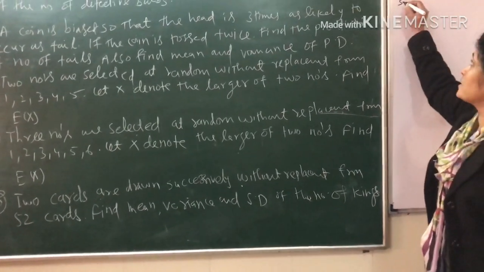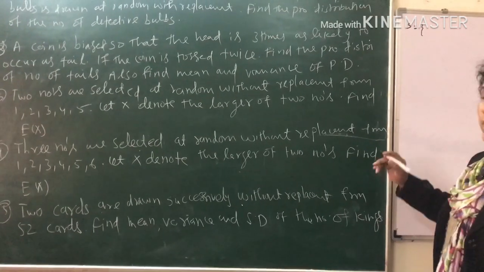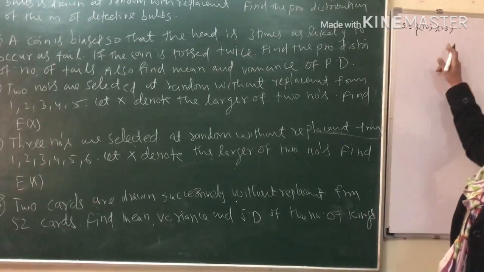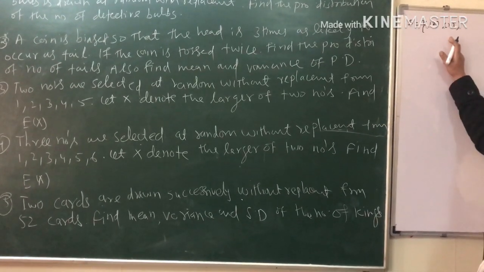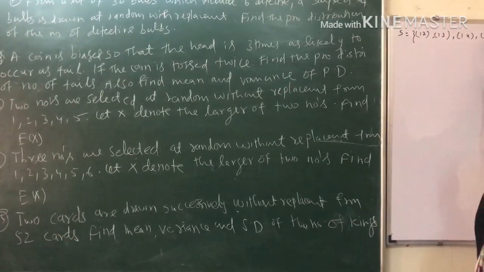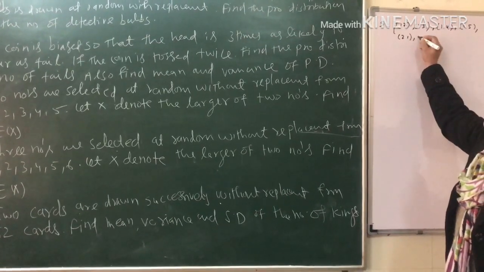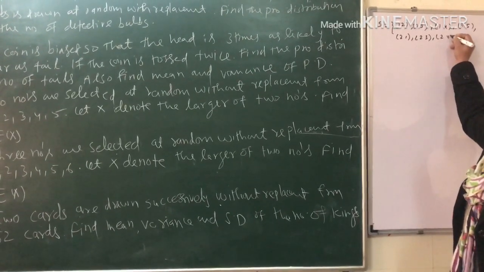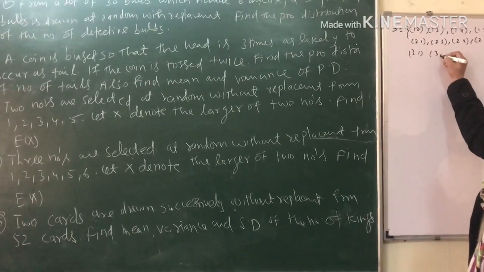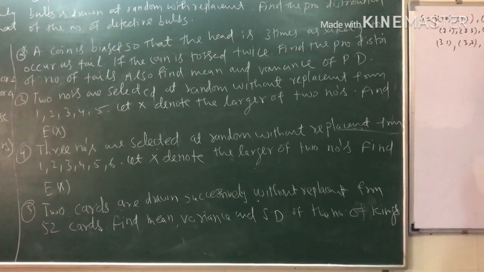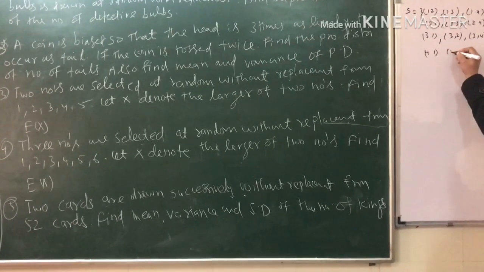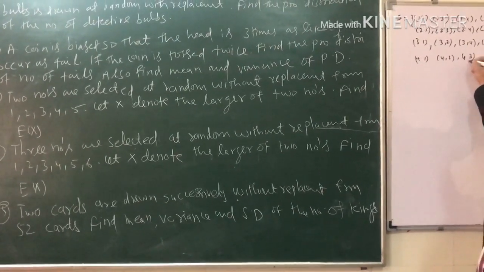Now see, that means two numbers we are taking without replacement. We can make the sample space. Now see, S is equal to, there are two numbers like 1, 2, then 1, 3. Without replacement means you cannot write 1, 1 or 2, 2 or 3, 3, not like that. 1, 3, then 1, 4, then 1, 5, then 2, 1, then 2, 3, then 2, 4, then 2, 5, then next 3, 1, then 3, 2, then 3, 4, then 3, 5, then next 4, 1, then 4, 2, then 4, 3, then 4, 5, clear?